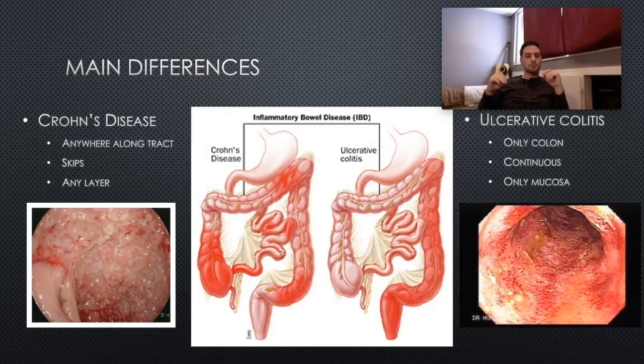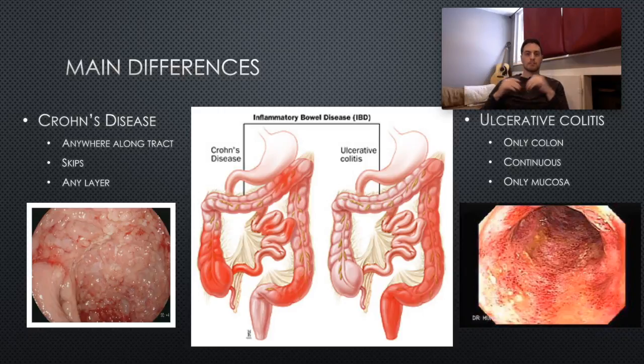So with Crohn's disease, you can actually get inflammation anywhere throughout your GI tract. And not only can it be anywhere, but it can also go through all the layers. So remember in the last video, we talked about the mucosa and the submucosa and the muscularis. Well, Crohn's disease can go much deeper than ulcerative colitis can.